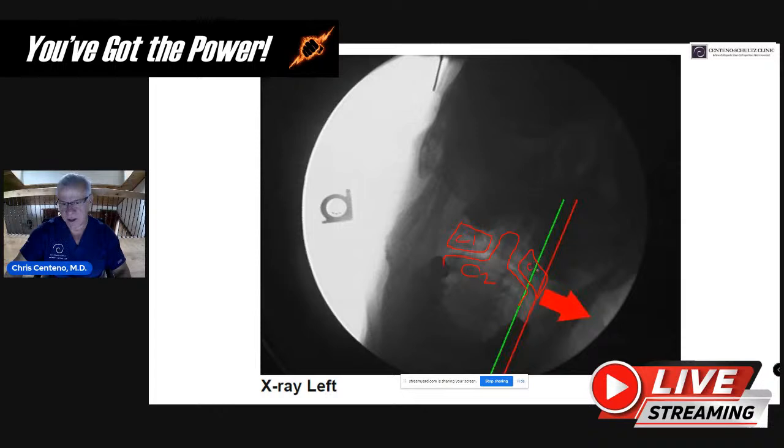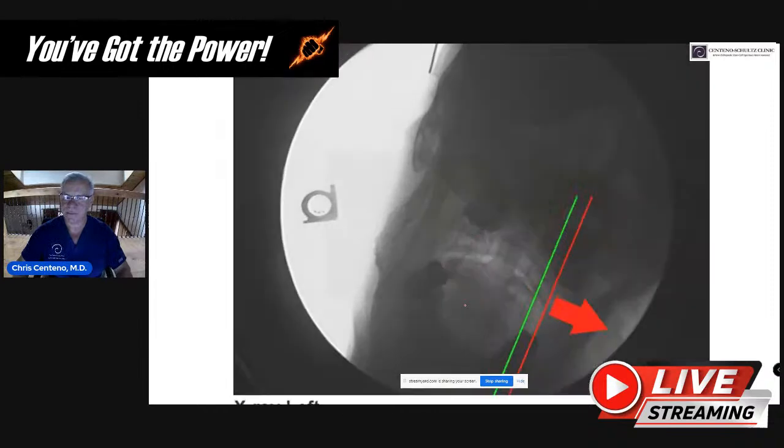And that's also the other side of C1. Now, what you can see here is these two don't line up. C1 is overhanging C2. And that's what we call C1-C2 overhang.